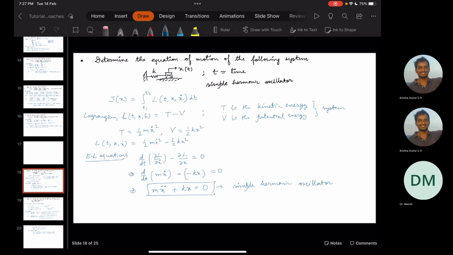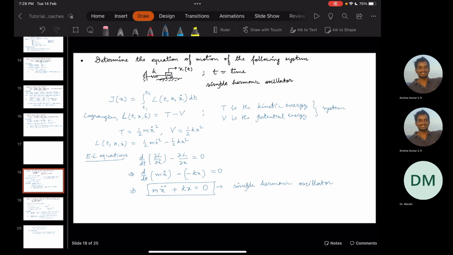When the spring is elongated by a quantity x, the strain energy stored in the spring is half k x squared. So the Lagrangian here is half m x dot squared minus half k x squared.